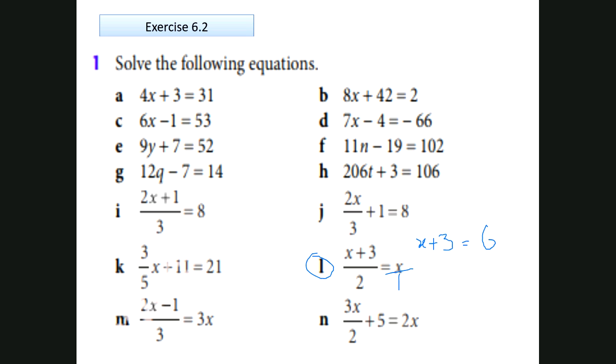Now if you shift 3 to the other side, 6 minus 3 is equal to 3. So 3 is the answer. If you want to recheck it, in place of x put 3: 3 plus 3 is 6, divided by 2 is 3. So left and right are equal, so x is equal to 3.